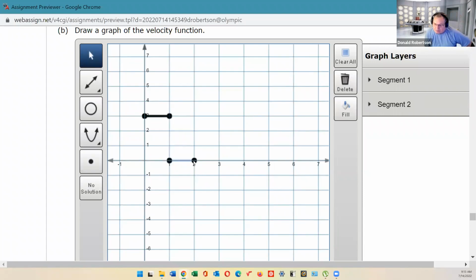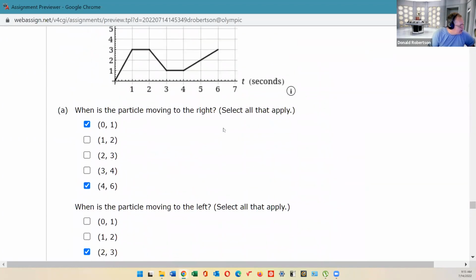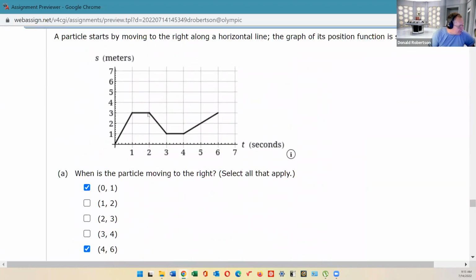Are you comfortable with what I'm doing here? Now you might say, but that looks weird. There's a jump from here to here. Would you agree? There is a jump from here to here. And that's what it is. Nothing wrong with that.